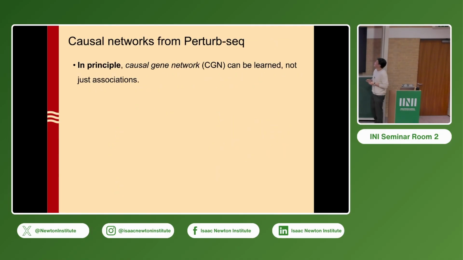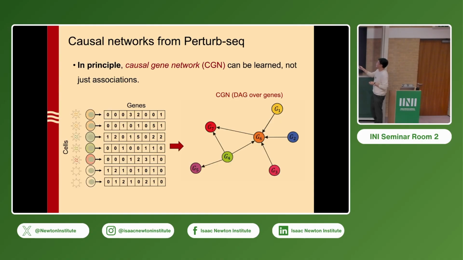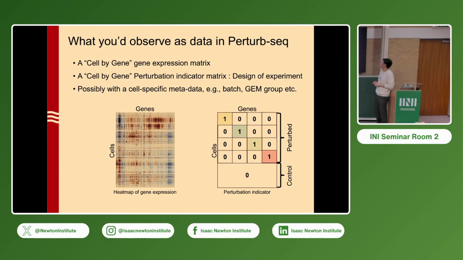So in principle, the causal gene network can be learned, not just associations. What I mean is that the causal gene network, which I denote as CGN, is stacked over gene expressions. Can you go back to the previous slide where you described the perturbation indicator? You're assuming the perturbations are randomized in some way.